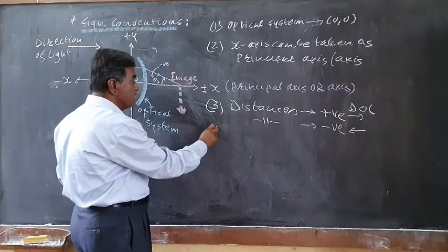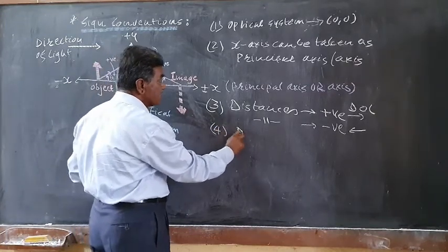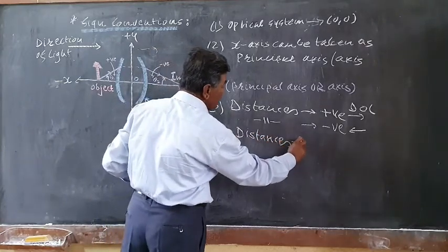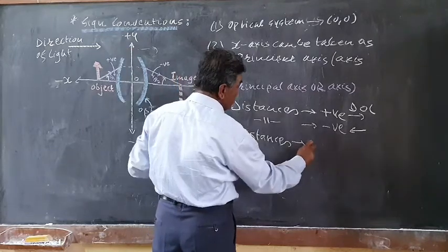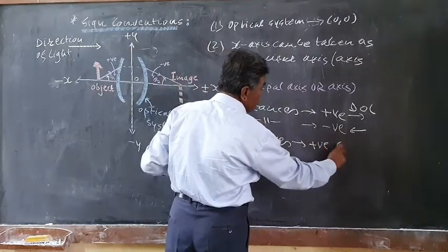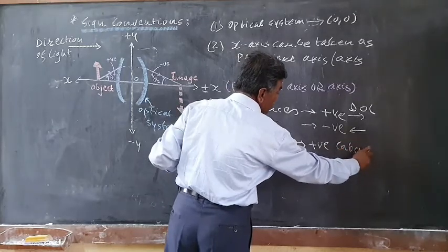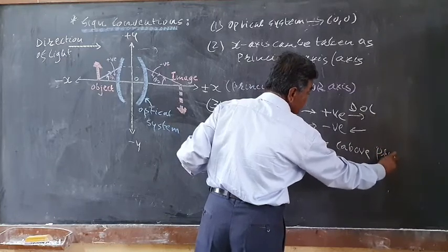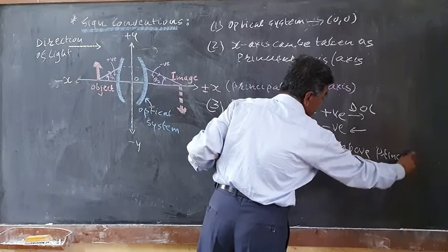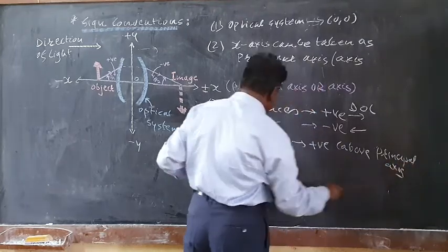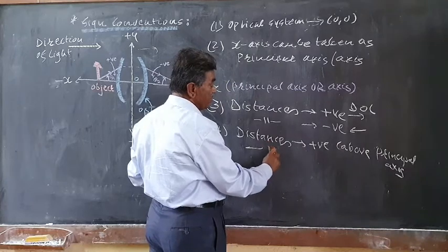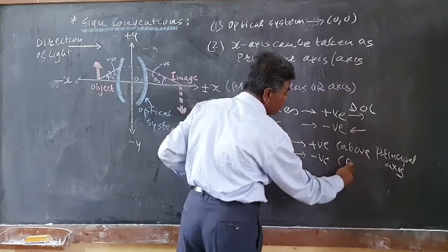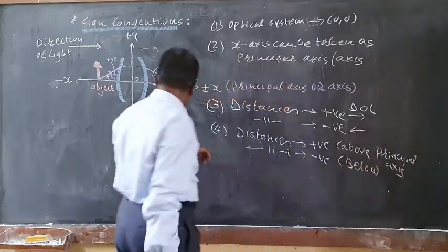The fourth one is that distances which are measured above the principal axis, the x-axis, can be taken as positive, while the distances which are measured below the principal axis can be taken as negative.